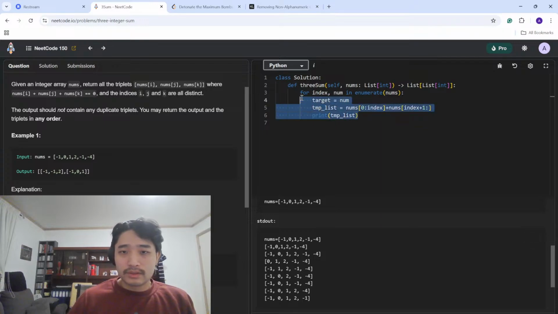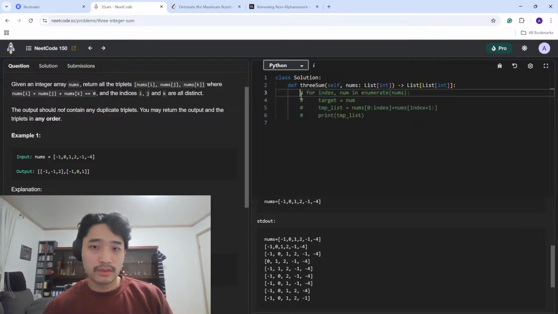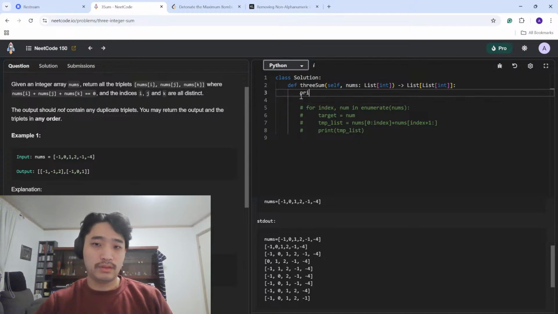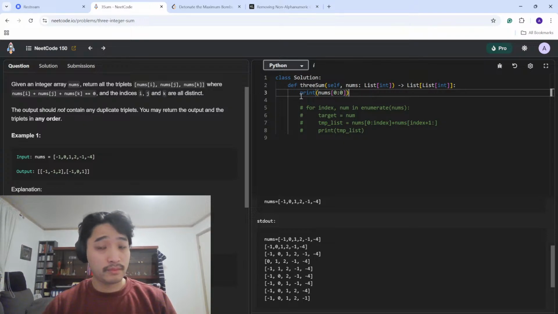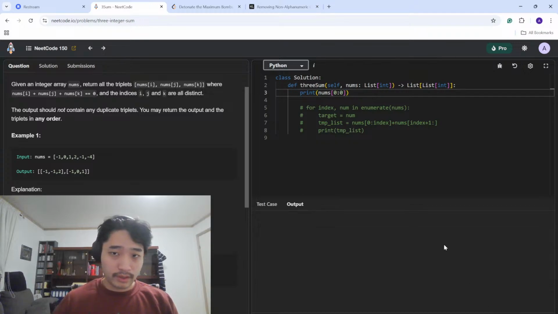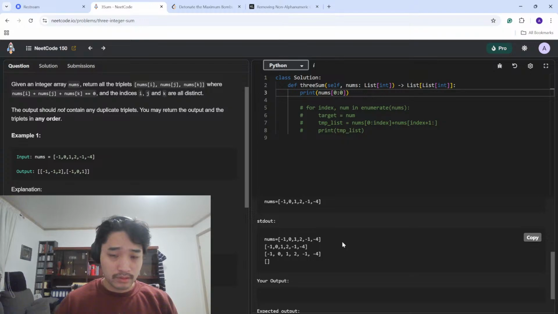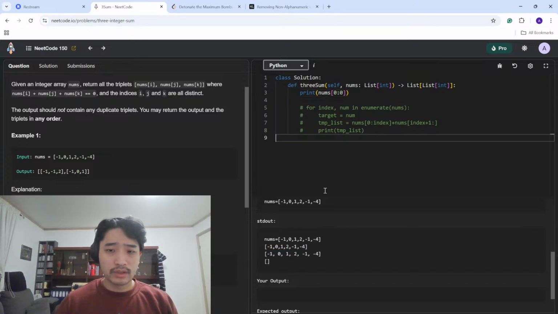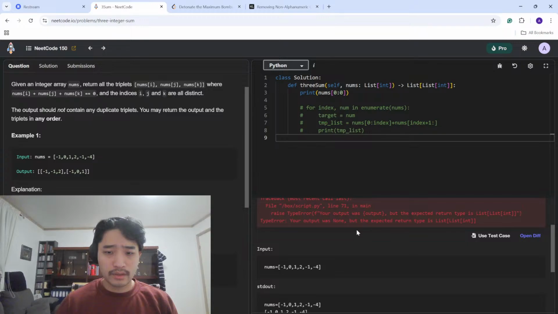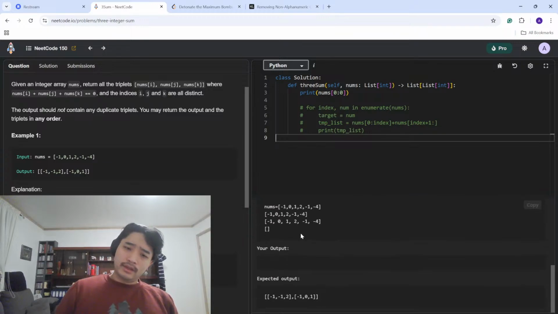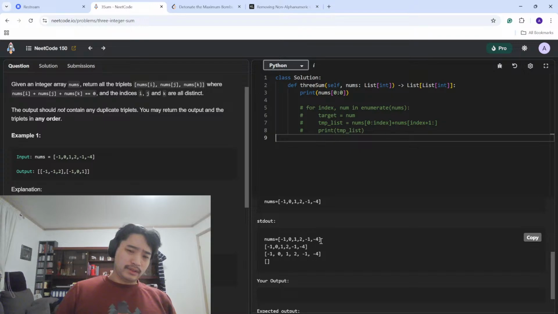Okay, let's just do zero to 0. Shouldn't this just not return anything? Why is this shown? Do I do something weird here? Why does it print out this?